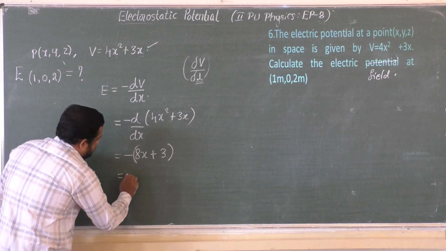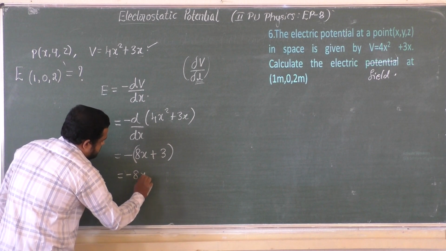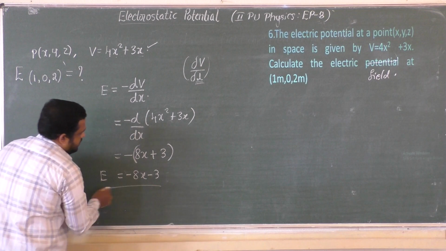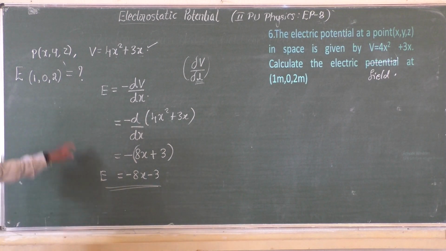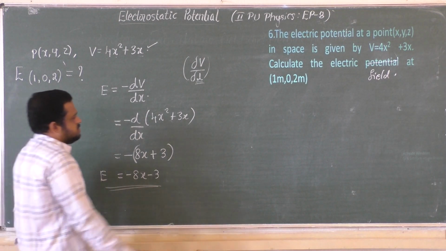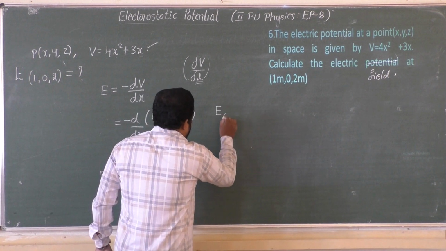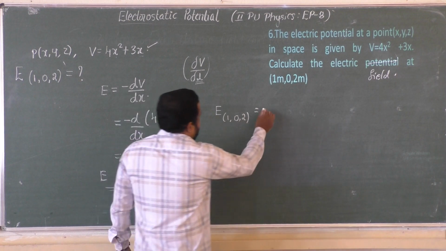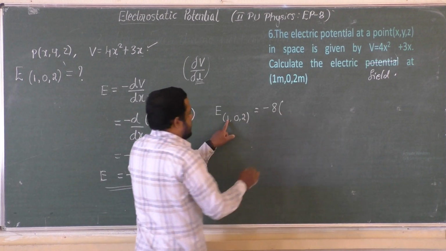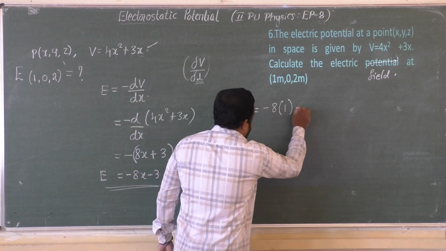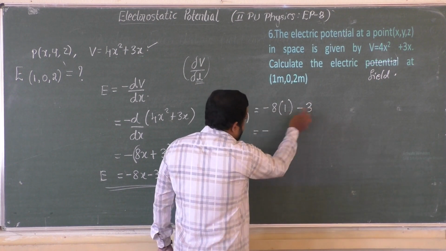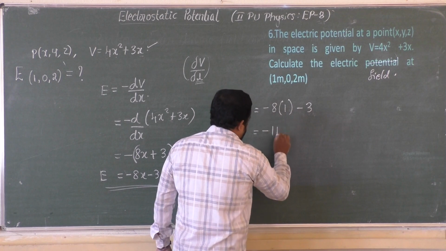So that is equal to minus of 8x plus 3, that is electric field. Now what is the electric field at this particular point? Electric field at the point 1, 0, 2 is equal to minus of 8 into x value 1 plus 3, that is equal to minus 8 plus 3, which is minus 11.